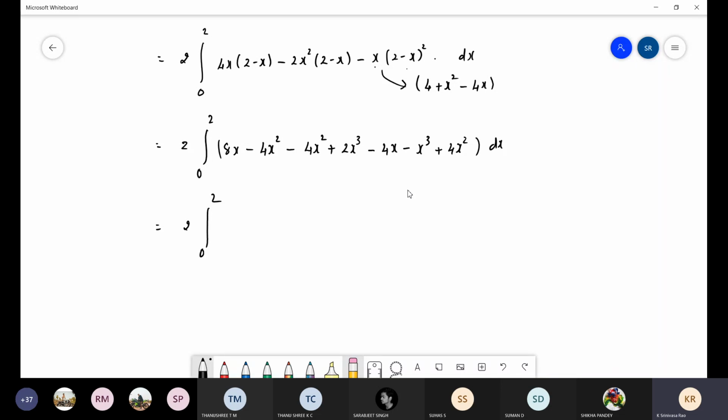The term involving x cube: 2x cube minus x cube is just x cube. Then x square: minus 4x square cancels with plus 4x square, and 1 minus 4x square. Then x: 8x minus 4x, plus 4x. Is it right?